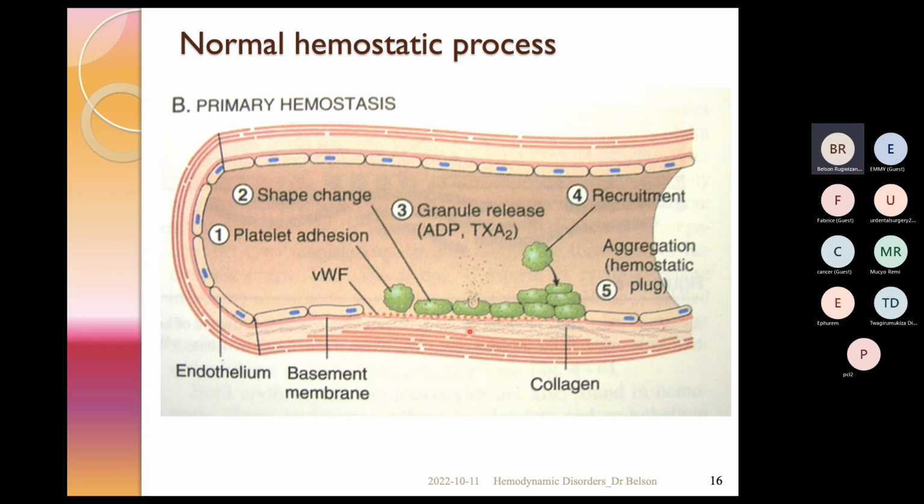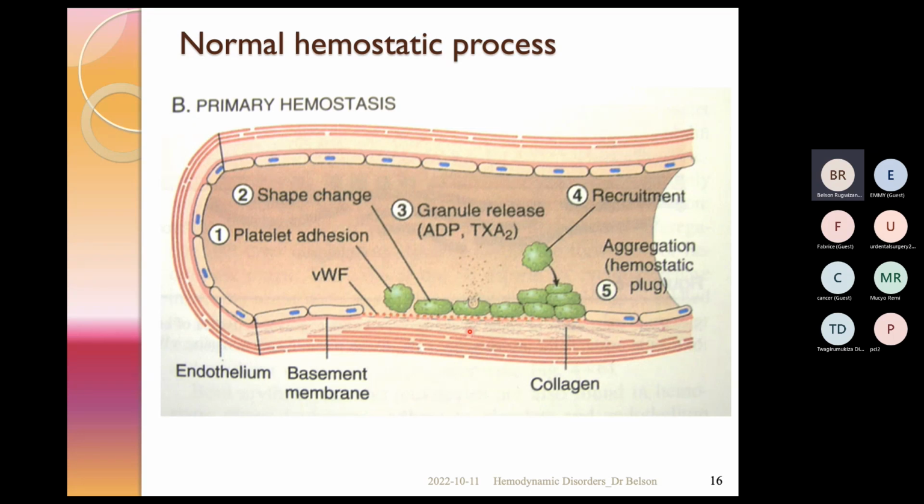Ariko ntibirangirira akenshi, ntabwo ari platelets, hagenda hiyongeraho na red blood cells, hakaza white blood cells, hakaza collagen fiber, fibrin and so on. So iyo byose bijeho iba a large blood clot or a thrombus.